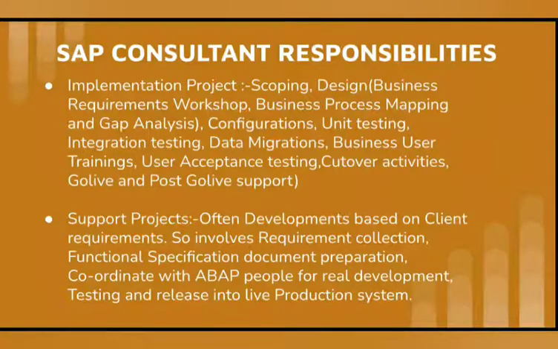So the next one is cutover activities. Cutover activities are performed in the production systems before go live, whatever we are unable to move through transport requests, that is, independent activities that need to be performed in every client and cannot be transported through transport requests. So those activities will be covered in the cutover phase.